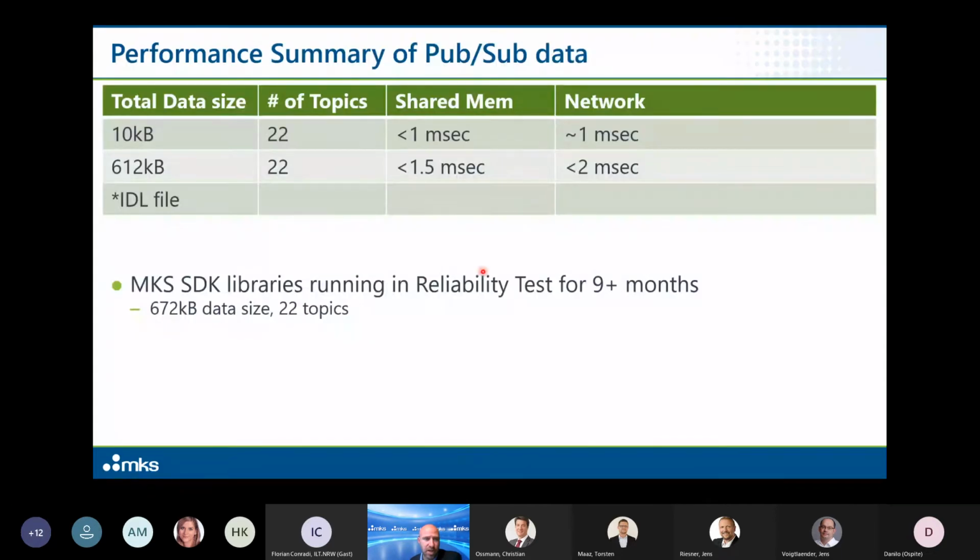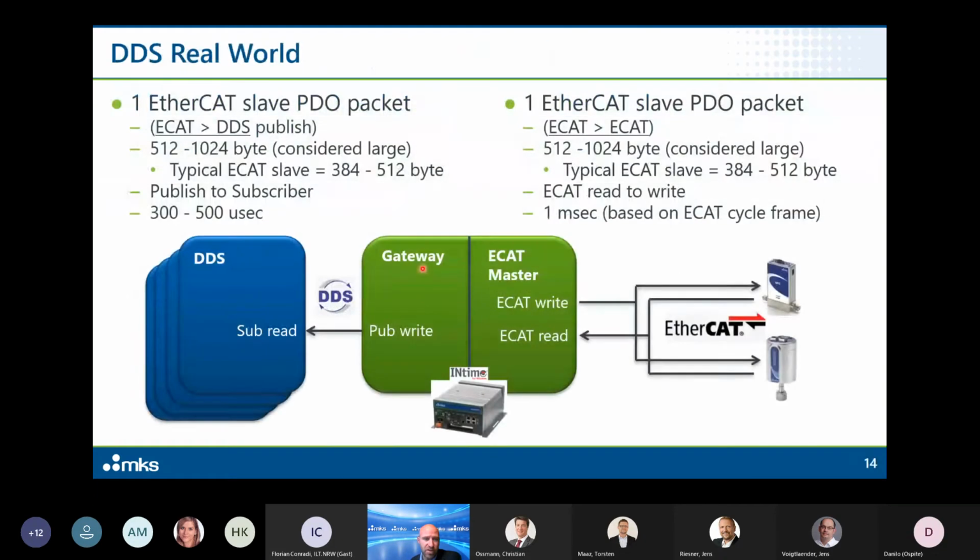And so looking at the performance of publish and subscribe data into the shared memory space, which would be on the device, and I'm going to jump back really quick. The shared memory would be between the different sides of the same bit of hardware.